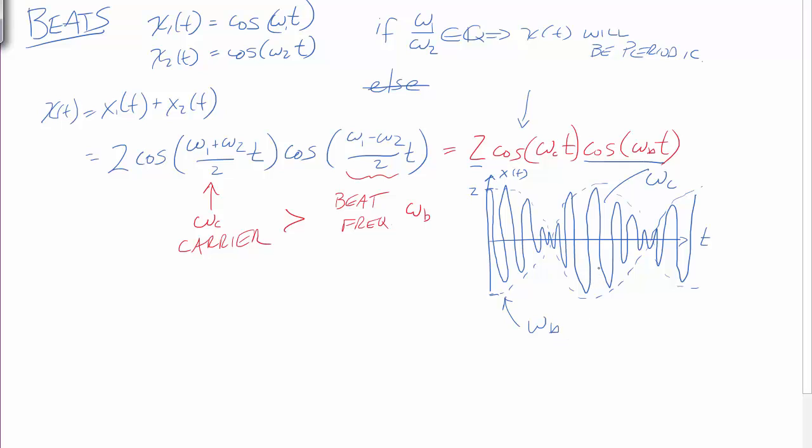You may have heard of this phenomenon before from your physics classes, or if you have a music background, it's a way to see if two instruments are in tune. You play them both at the same time and listen for these nulls, because your ear is actually doing this summation.